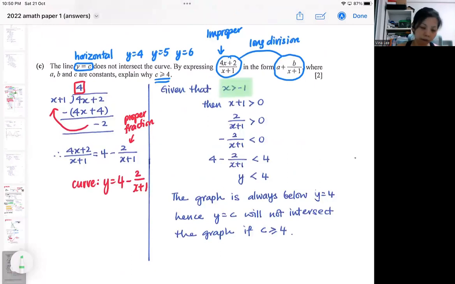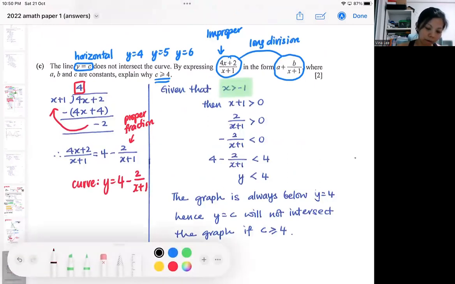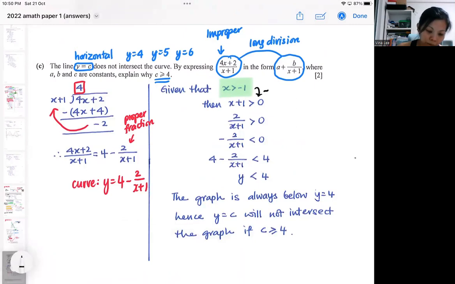If x is greater than -1, and you do a +1 on both sides, you will achieve the denominator here to be positive. So the denominator will become positive. The numerator is already positive. That's why the whole fraction is positive.